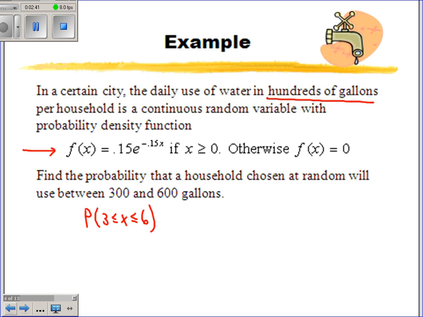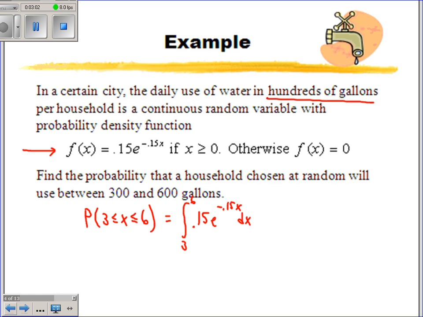Now that probability, since this is a probability density function, will be the integral of 0.15 e to the minus 0.15x, and the limits of integration will be from 3 to 6. So that definite integral will tell us what that probability is.